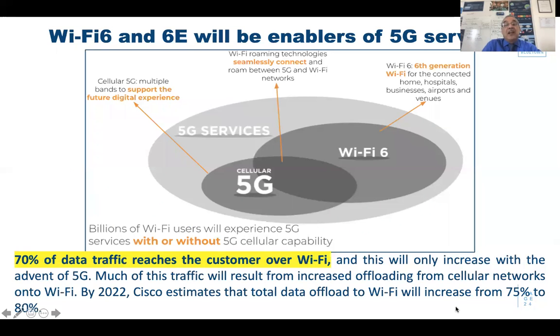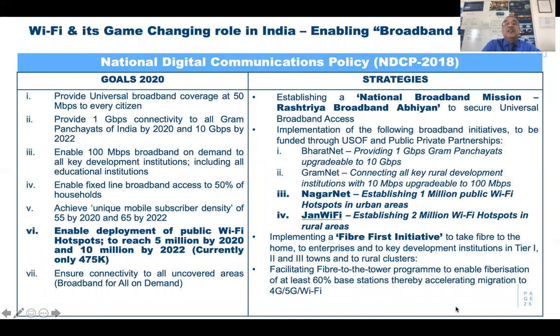At the moment, also 70% of the data traffic reaches the customer on Wi-Fi. And by 2022, 80% of the traffic will be touching Wi-Fi. So Wi-Fi has to become a key enabler of all future connectivity, including 5G. And that is what is shown here. And this is about Wi-Fi and its game-changing role in India, enabling broadband for all.